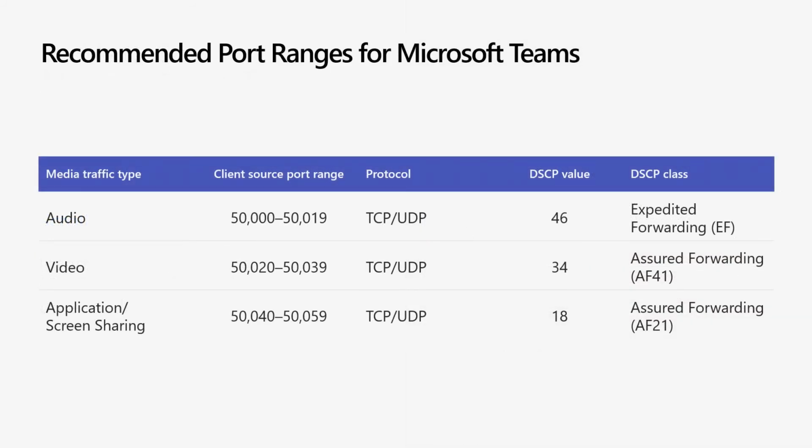Most of you, or at least your networking team, will have their own opinions as to which DSCP values you use for each media type. But we sort of fall in line with the typical industry standard, and so we recommend 46 for audio, 34 for video, and 18 for screen sharing.